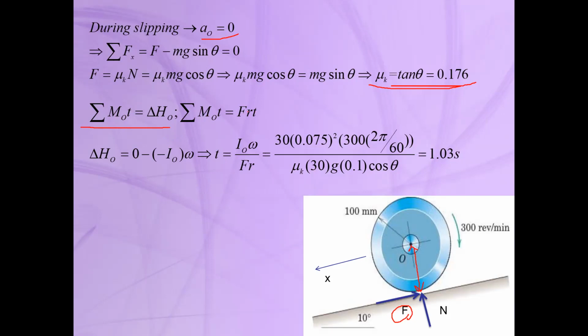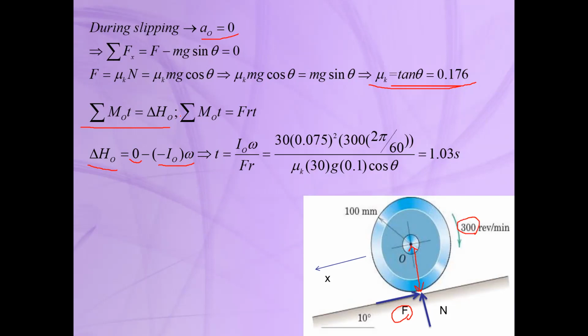So F R T, where F is again equal to mu times N, is equal to delta H O, the variation in the angular momentum. The final angular momentum is equal to 0, and the initial angular momentum is equal to I O times omega, where omega is 300 RPM, which we converted into radians per second.